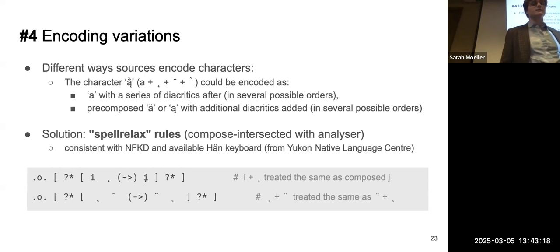So our solution is we use Starlax rules, which have a special syntax and allow for consolidating different ways of writing the same characters into one, so they're not treated as different letters. As you can see, this is an example where the I and the ogonek are treated as the same as the combined I with an ogonek. And also, the ordering of the diacritics wouldn't matter either.